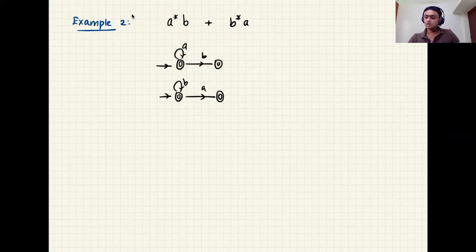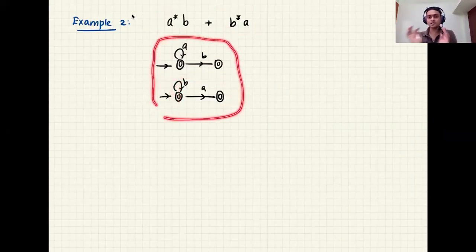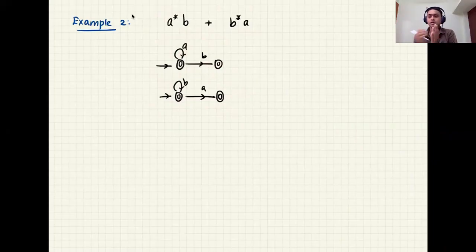That's all. If I had just B star A, it's just this automaton. But if I put both of them together and think of them as one automaton, it doesn't work because there are two initial states, whereas an NFA allows two initial states.